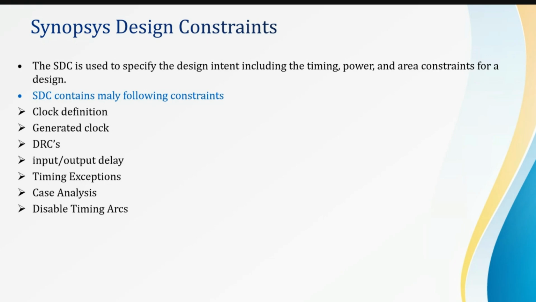And you will be having the DRCs or the DRVs, nothing but the transition time, your capacitance, as well as the load. And you will be having the input delay, output delay, and the timing exceptions. The timing exceptions are nothing but the false path, multi-cycle path, max path, and the min path. Apart from this, you will be having the other timing constraints.